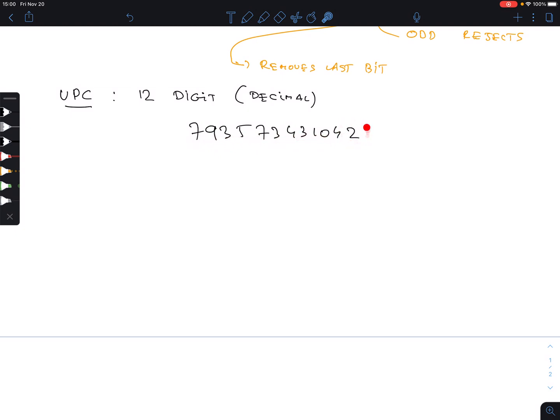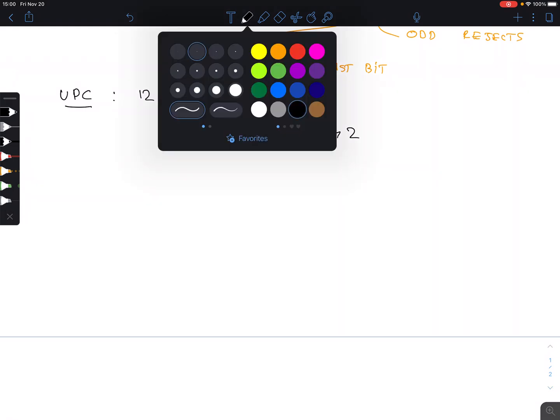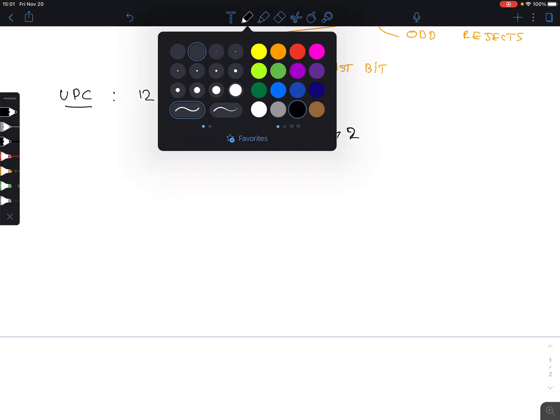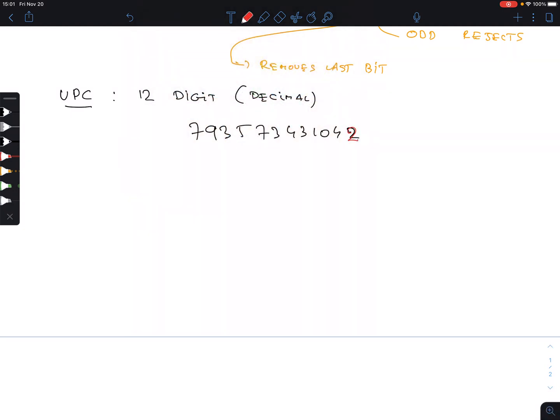What about this last digit? This is the check bit, a special number that does not contain any information except as a check. Parity bit refers to even or odd, so it's the check bit.